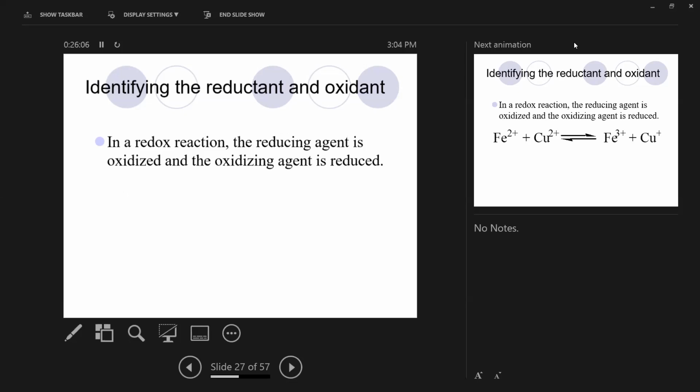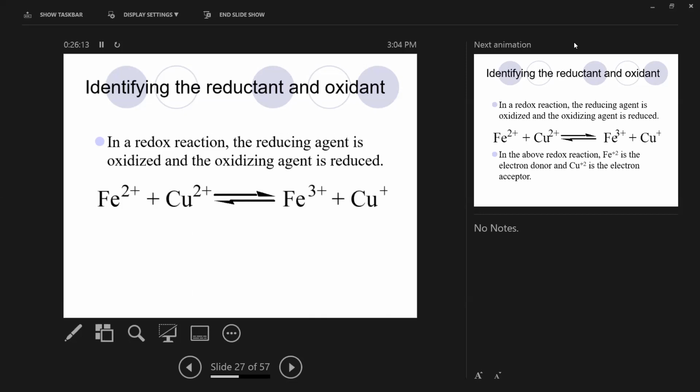So in a redox reaction, you have a reducing agent and an oxidizing agent. If we take a look at this reaction, this is the electron donor, right? So it's the reducing agent or reductant. This is gaining the electron. It is being therefore reduced. Therefore, that's the oxidizing agent because it's contributing to the oxidization of the iron.